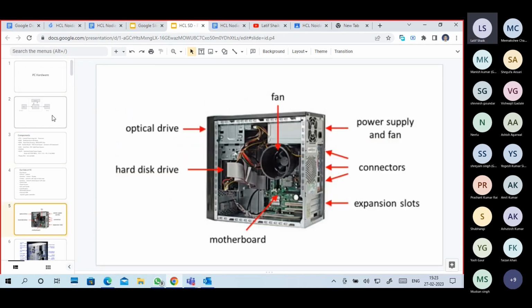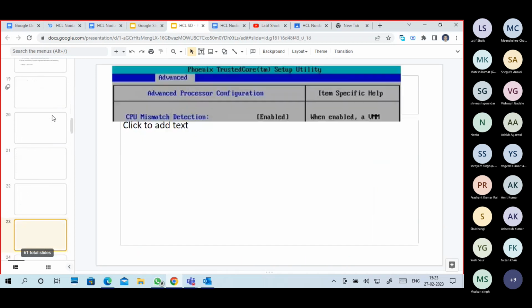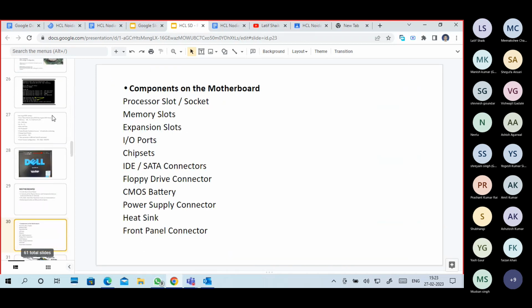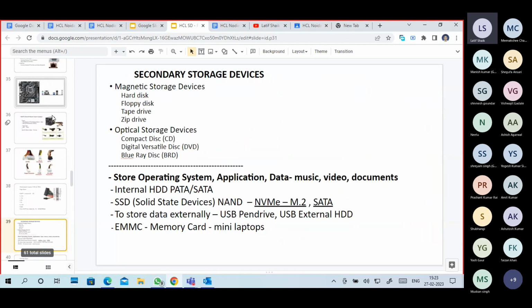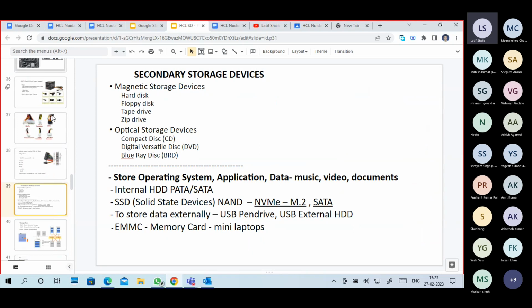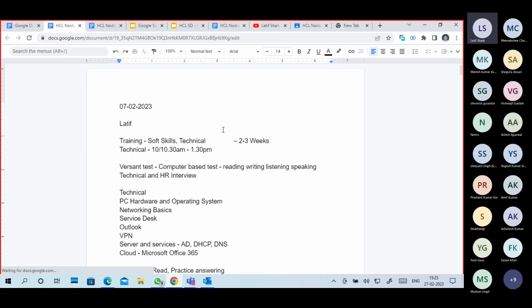So all these things we discuss. In the PPT, few things are not in line. Things are in line. So that's why I am adding all these things.